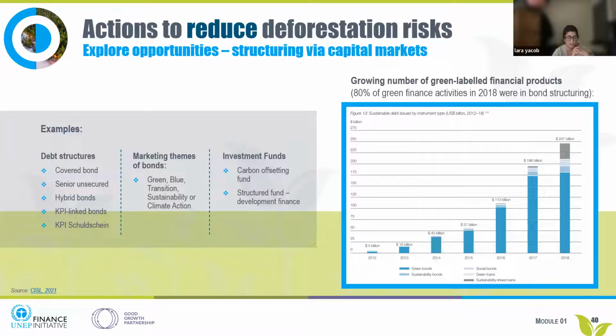They are essentially debt securities issued to raise capital specifically to support climate-related or environmental projects. So these are various types of green bonds on your slide on the table to your left, like hybrid bonds or KPI, or these are sustainability linked bonds.